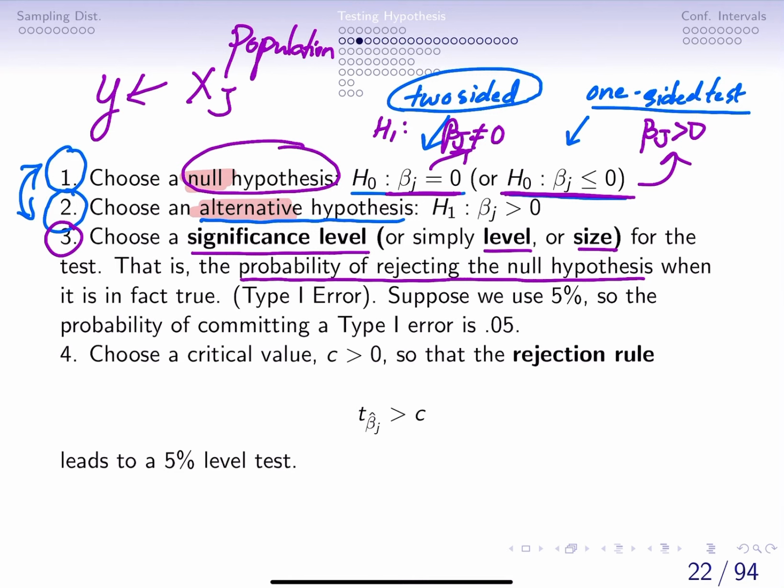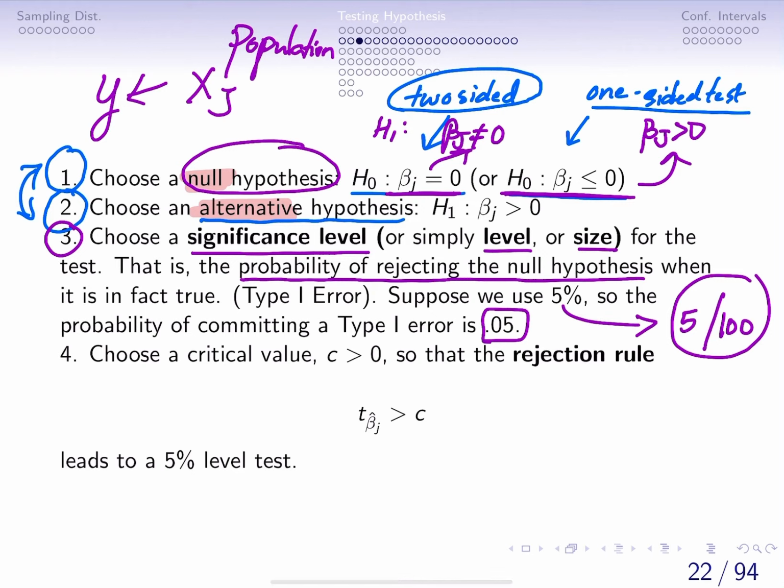So if the type 1 error is 5% or 0.05, this is basically saying that out of 100 times, we're going to make a mistake of rejecting the null hypothesis when it is true 5 times. Okay, so this is what the meaning of 5% is here. We are making a type 1 error, rejecting the null when it is in fact true 5 out of 100 times.